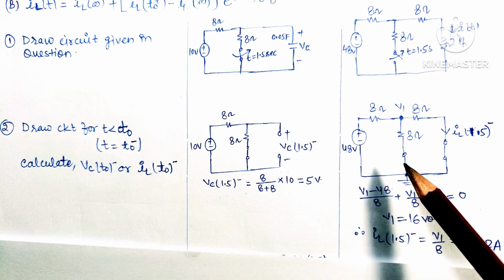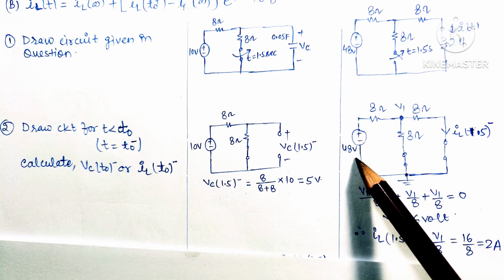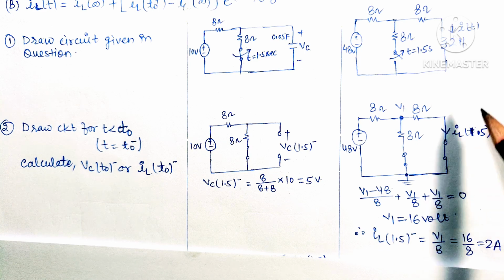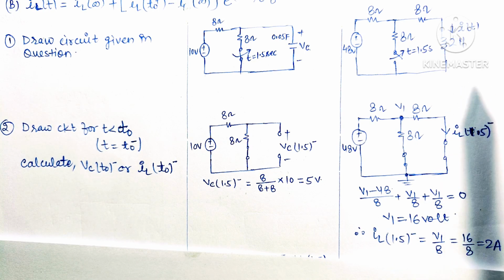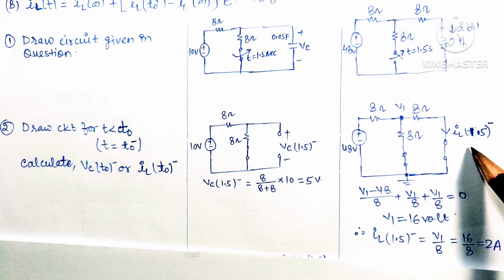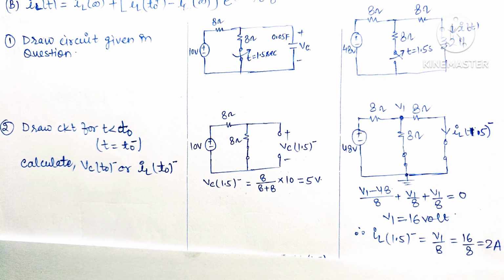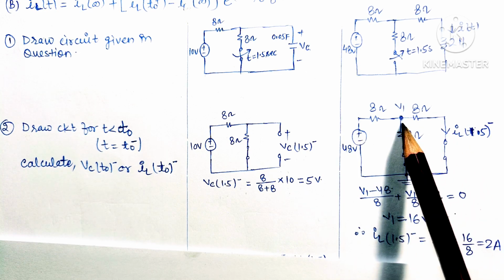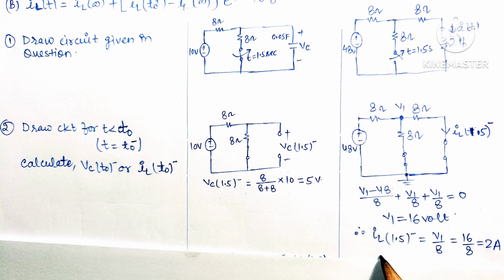Here this switch is closed, and this 48 volt source was continuously providing supply to this inductor, so it will be short circuited. So the current passing through this inductor will be IL(1.5 minus). By using nodal analysis, we can find V1 voltage here as 16 volt. We have assumed this node is V1 voltage, and current IL(1.5 minus) will be equal to 2 ampere.